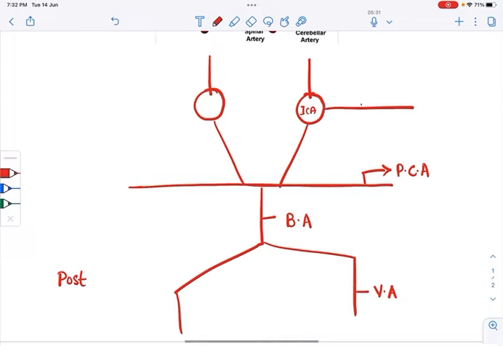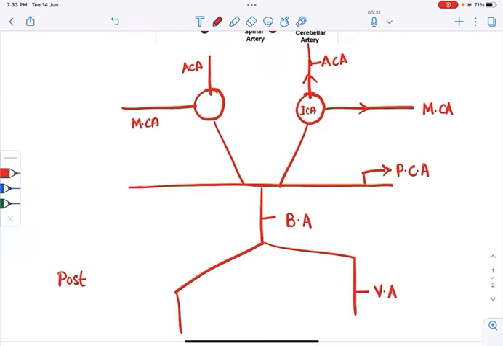The internal carotid artery supplies both up and down. On the upside, it is the anterior cerebral artery, and sideways the middle cerebral artery, which is also on the same side. In the circle of Willis, there are mainly 5 arteries.